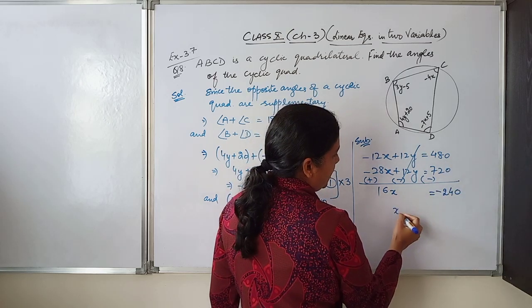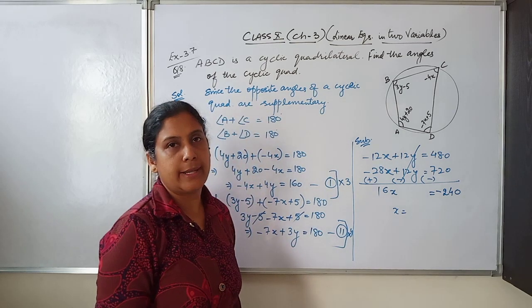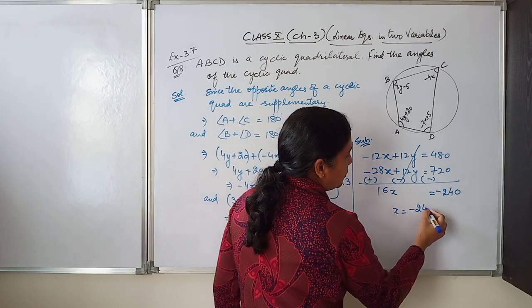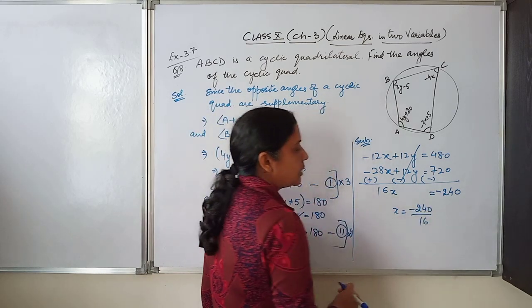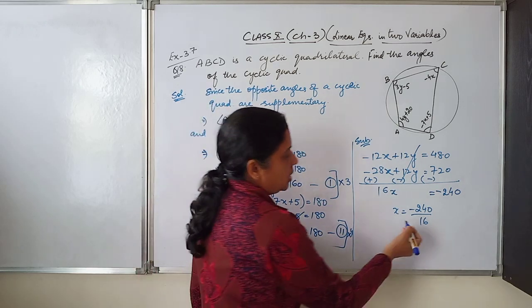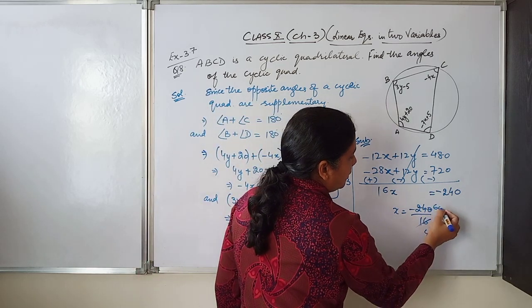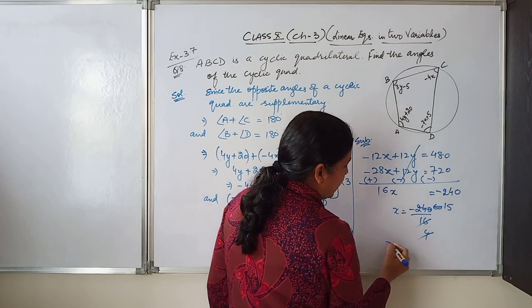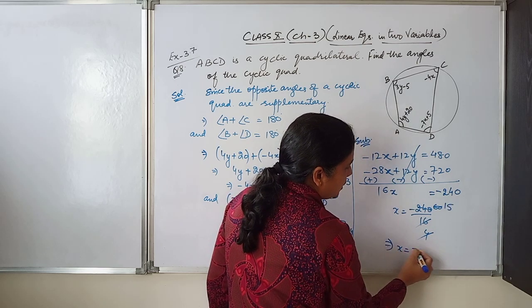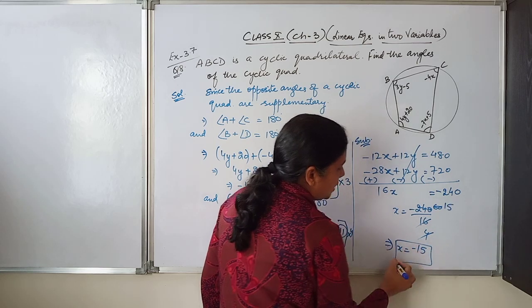That comes out to be minus 240. So x is equal to minus 240 divided by 16. Common factor 4 and then again 4. That gives you x is equal to minus 15 degrees.